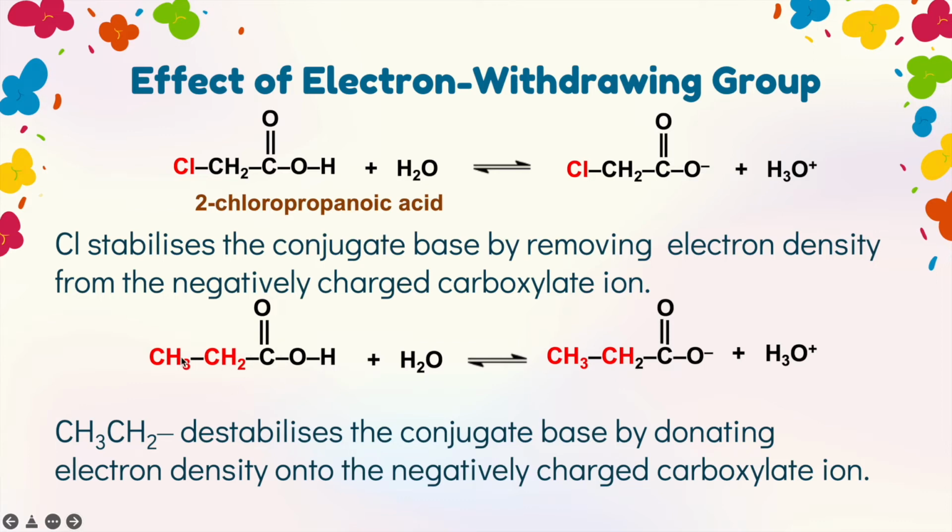So here the compound that has no Cl at all is propanoic acid. In propanoic acid we have CH3CH2. The CH3CH2 destabilizes the conjugate base because CH3, the carbon chain, is an electron donating group. The carbon chain is an electron donating group, meaning it will donate electrons to this C and then O. That will donate electrons to the carboxylate ion.